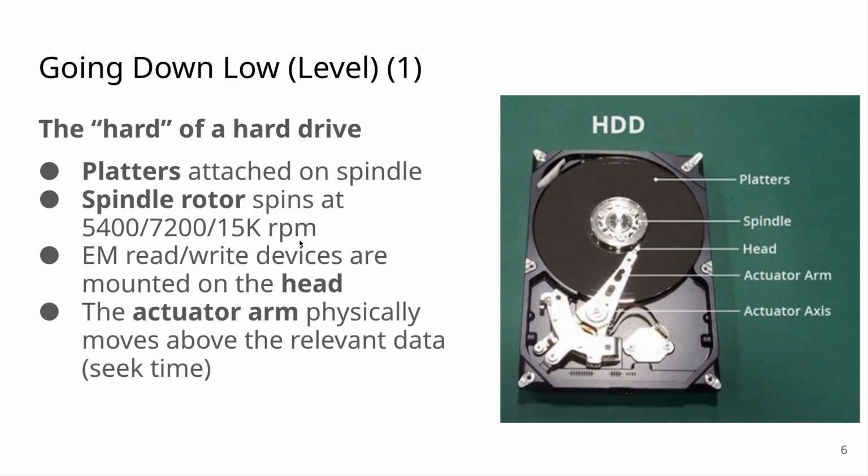And as these platters rotate, the head that is sitting on top of the actuator arm, and the actuator arm can also move left and right, it can cause an electromagnetic pulse, and by that it can write, or it can just read from the electromagnetic disturbance in the field. It can read and infer what value of a bit is written on that certain part of the disk.